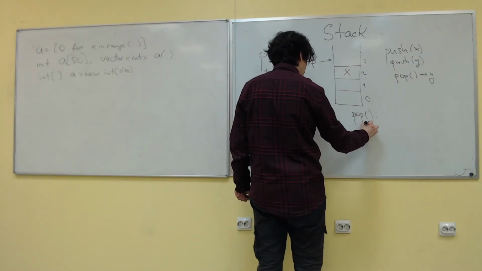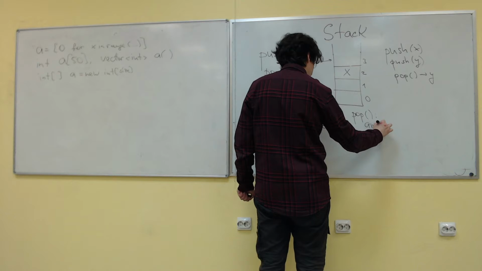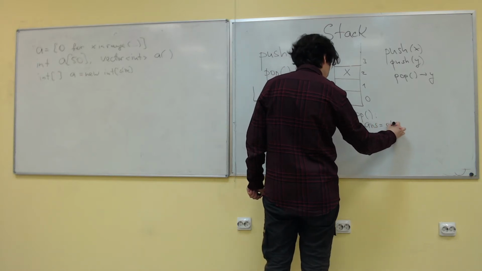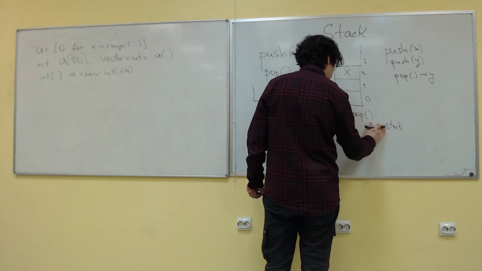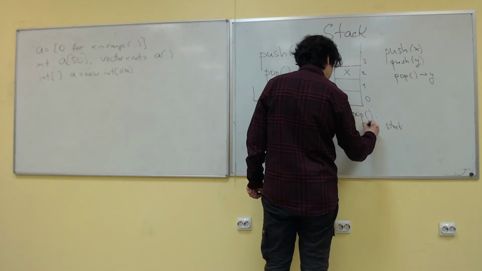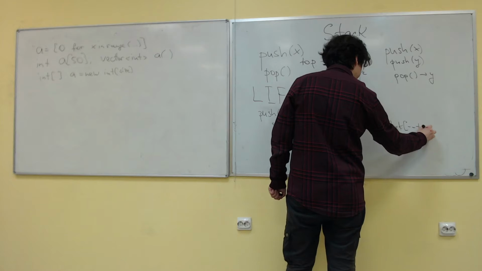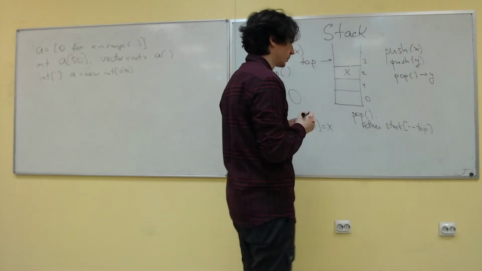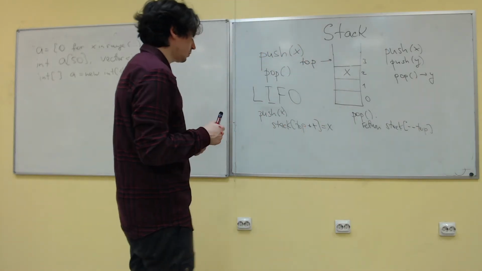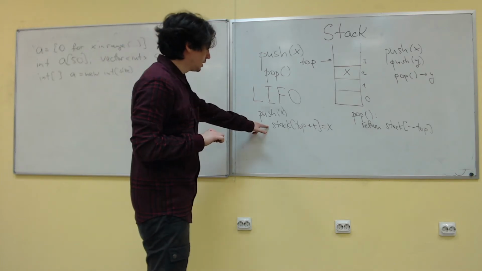Pop is doing: ans equals stack. Okay, let me write it even faster: return stack[--top]. So why is it correct?